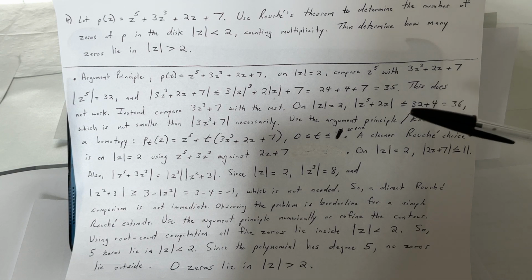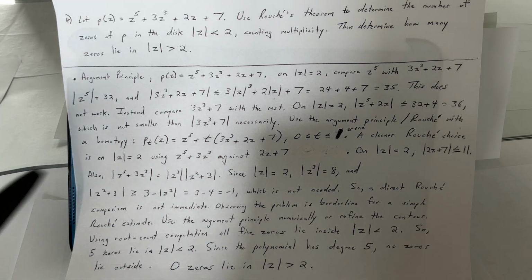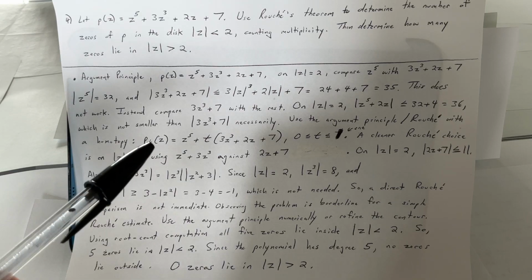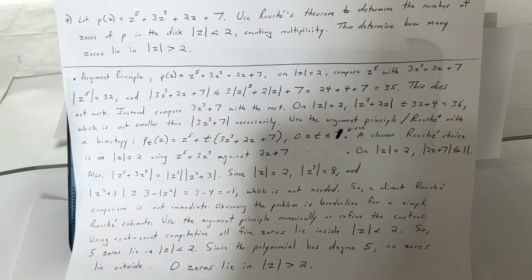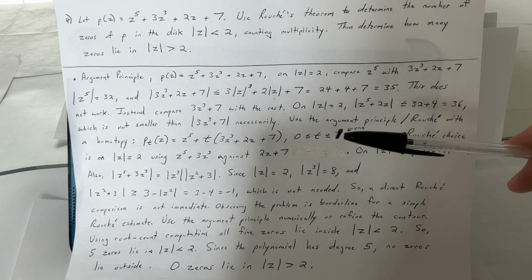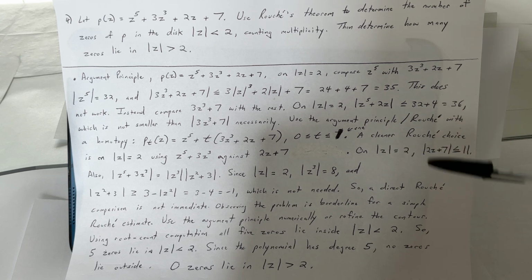So using the argument principle, Rouché with homotopy, P sub t of z equals z to the 5th plus t times the quantity 3z cubed plus 2z plus 7, where 0 is less than or equal to t is less than or equal to 1. And a cleaner Rouché choice, that's going to be with a homotopy.